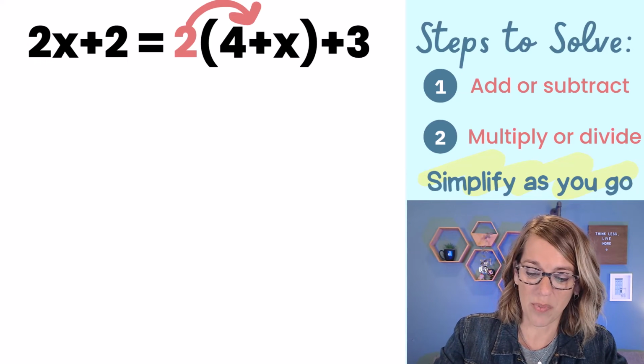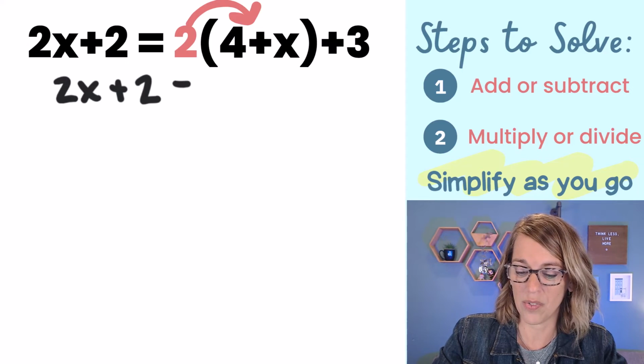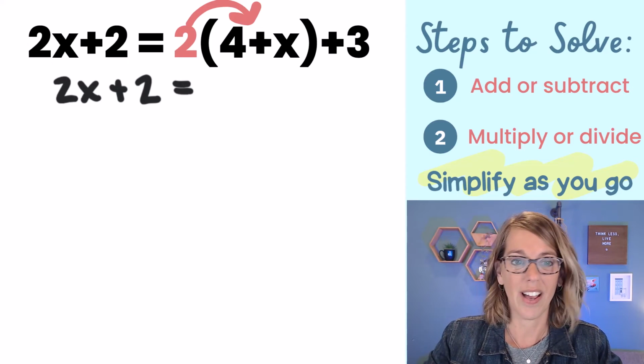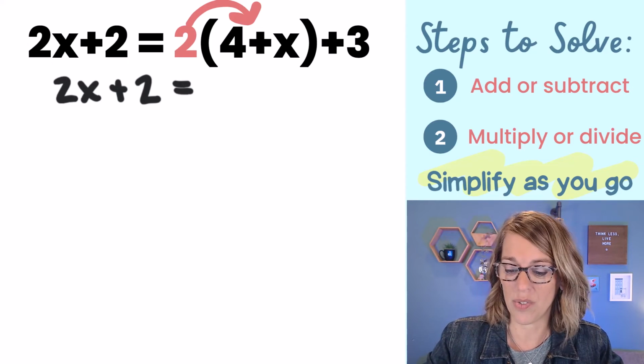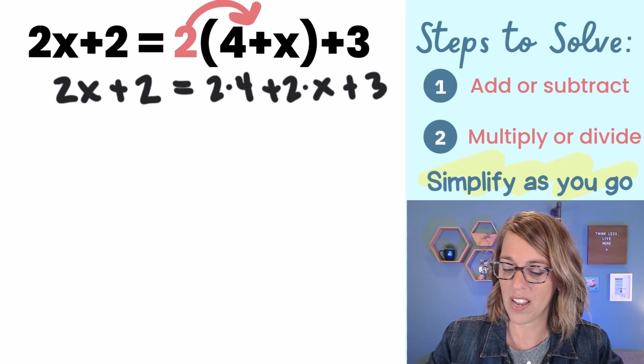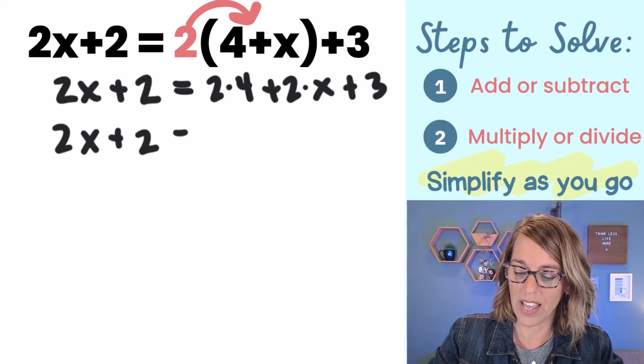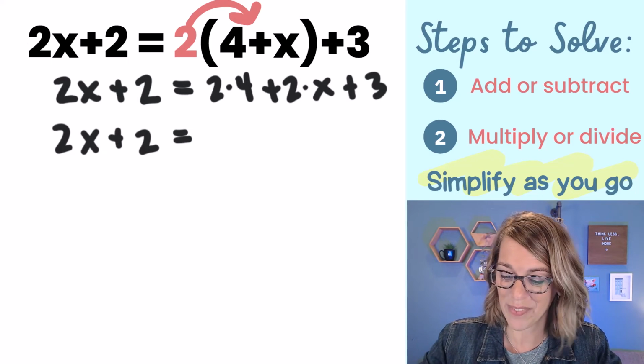So I'm going to go ahead and just write out what I have to start. So I've got a 2x plus a 2, nothing to do on the left-hand side. On the right-hand side, let's distribute that 2. 2 times 4, plus 2 times x, and I've got that plus 3 on the end. I'm just going to simplify this, leaving everything on the left, continuing to simplify on the right.